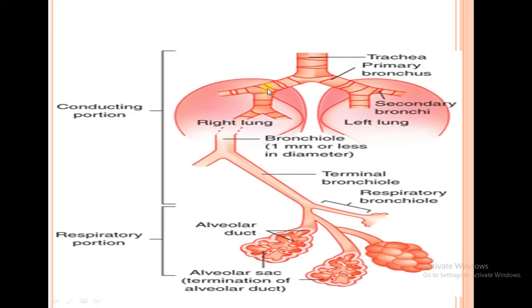As the bronchi continue to divide, their diameter becomes smaller, and certain other changes are also seen in their walls and structure.